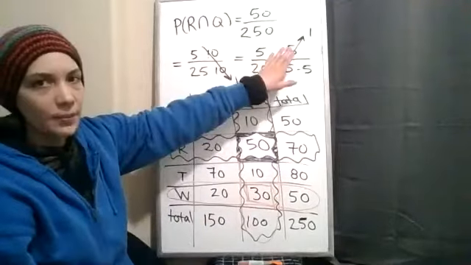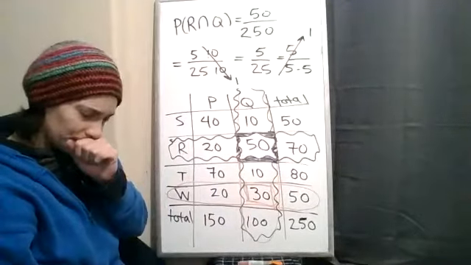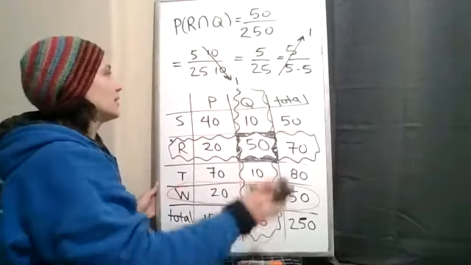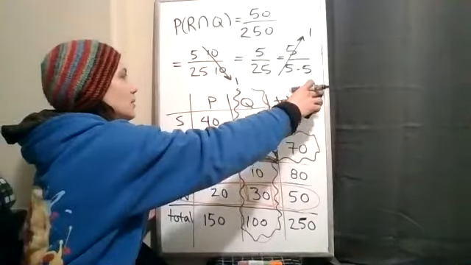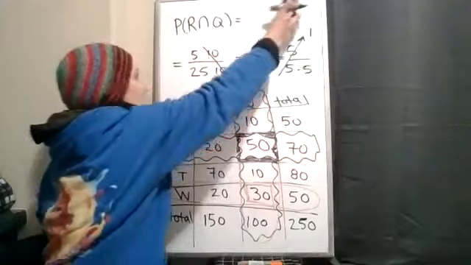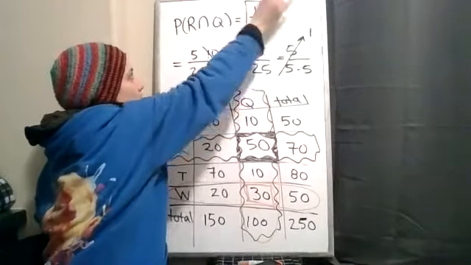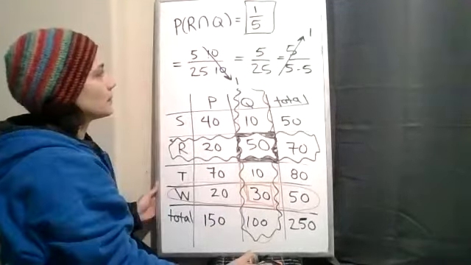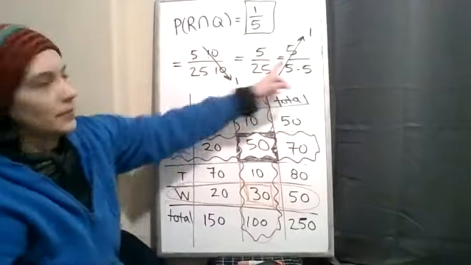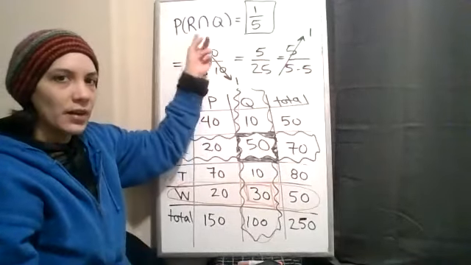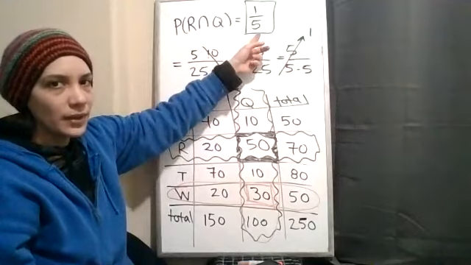So what's left in the top is a 1. 1/5 is the answer. If I had more space, we'd put that right there. But you end up getting probability of R intersect Q equal to 1/5.